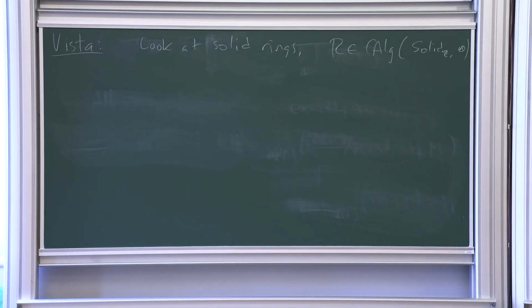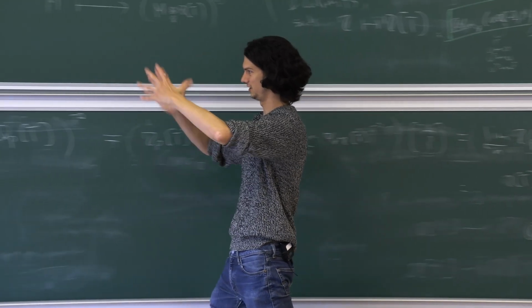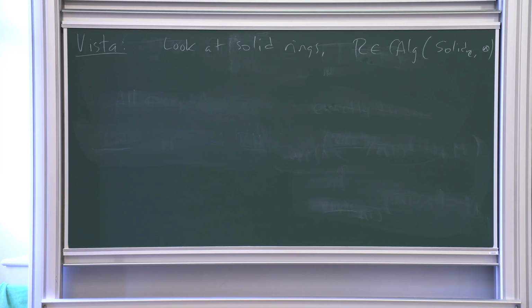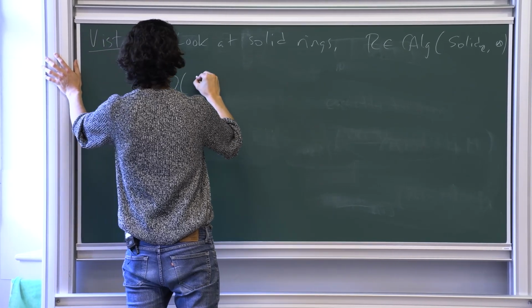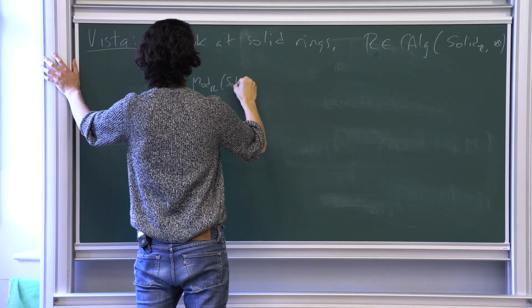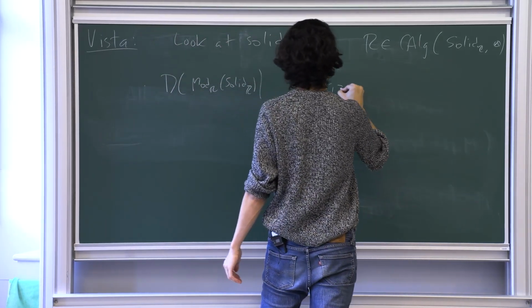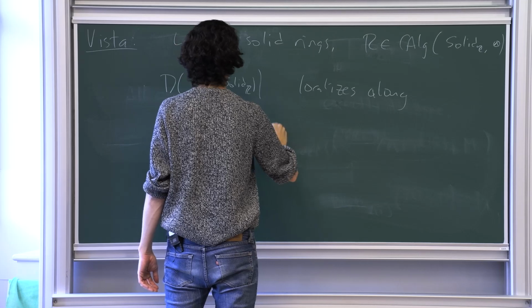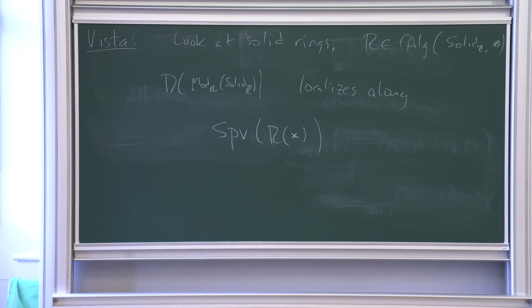It's not necessarily the most general thing you can do, but what we're going to do basically is take the things you see over Z bracket T and base change them along all possible maps from ZT to R, that is, all possible functions in R. And what we're going to end up with is the statement that this derived category of mod R solid Z, even this tensor category, localizes along the valuative spectrum, the spectrum of all valuations of the underlying usual commutative ring of this solid commutative ring.